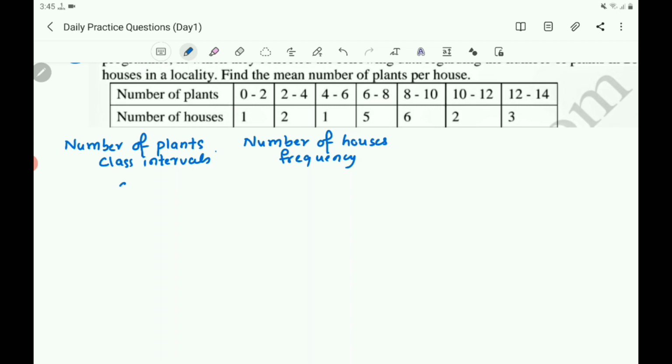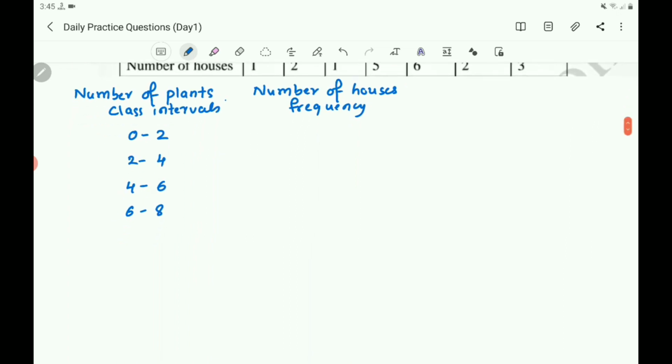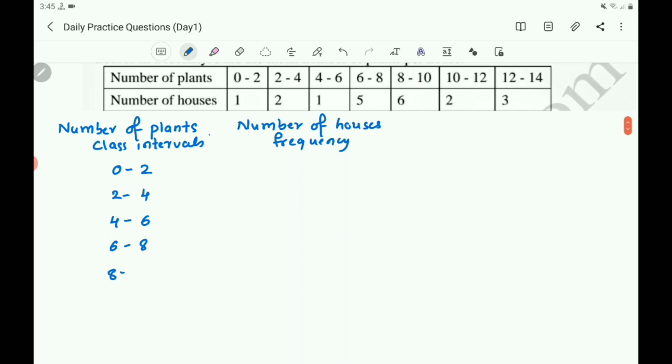The first one is 0 to 2, 2 to 4, 4 to 6, 6 to 8, 8 to 10, 10 to 12, 12 to 14.